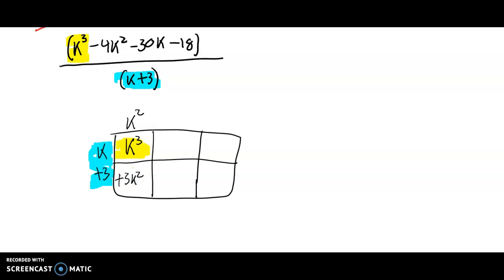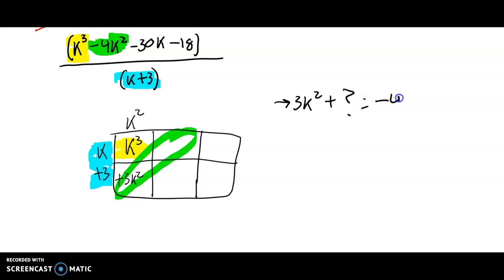Now, we need the k squareds to all match this. So these two boxes in green, the diagonals, need to add up to negative 4k squared. So 3k squared plus what is negative 4k squared?